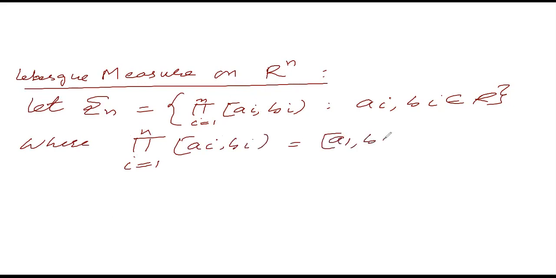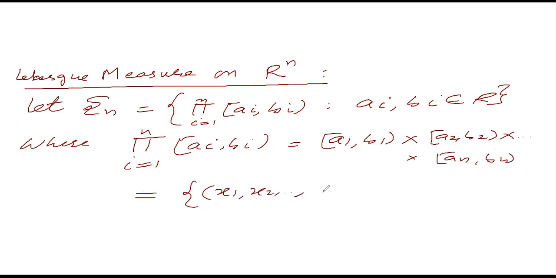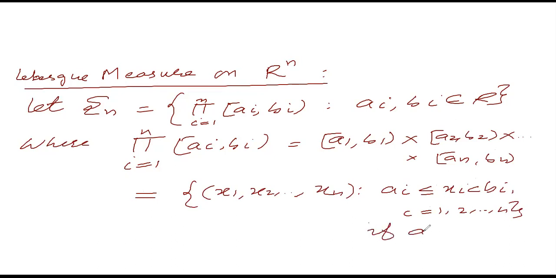It's [a1, b1) cross [a2, b2) cross [an, bn), and it's equal to the set of n tuples (x1, x2, and so on, xn) where these xi lie between ai and bi, where ai is less than or equal to xi, less than bi, i varies from 1 up to n, if ai is less than bi for all i.